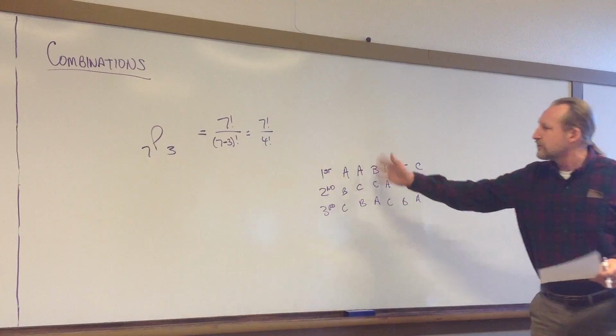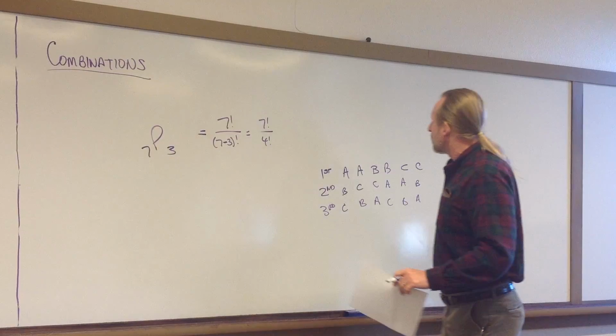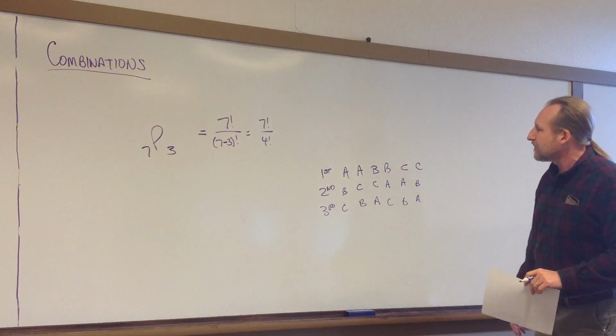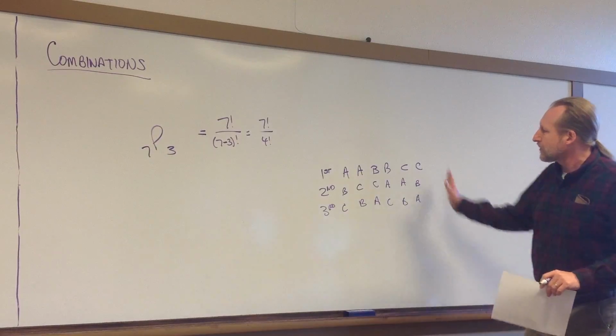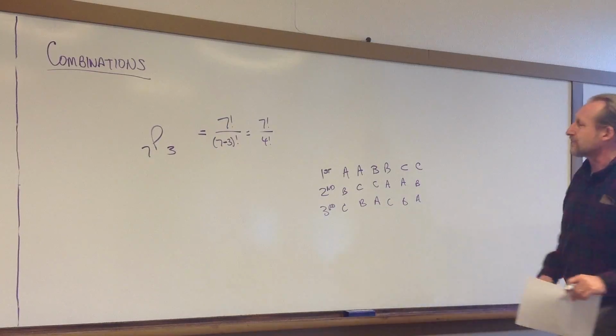So all of these would be considered distinct choices in a permutation, but they're actually all the same group of 3 in a combination, and so they're going to be counted 6 times over, okay?